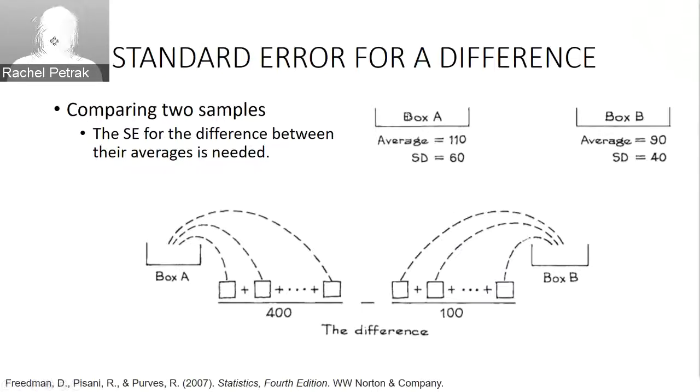This could be called in other places an independent groups situation. And the problem is how to find the expected value and the standard error for the difference between these two sample averages, because how do we know what the expected value would be in this case? We don't have a previously established value to refer to, either based on research or based on some ideal model we're testing against.